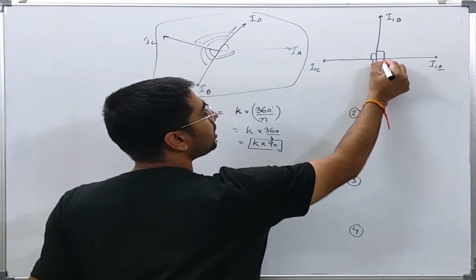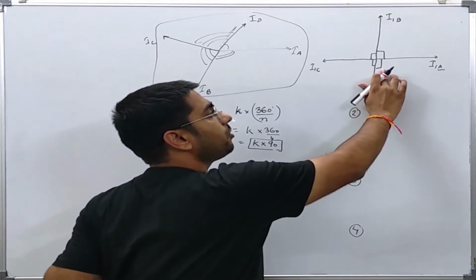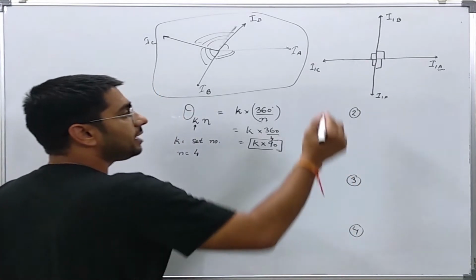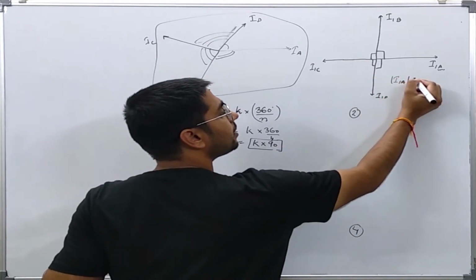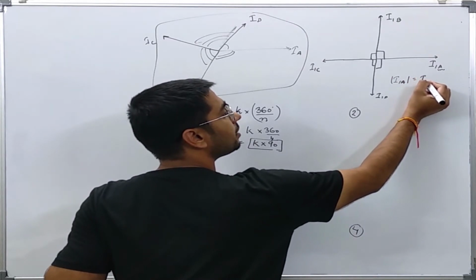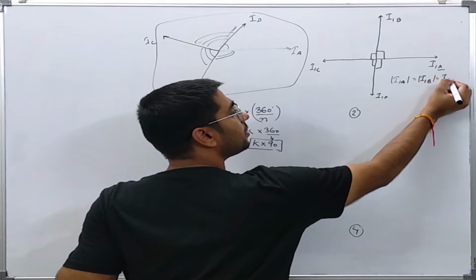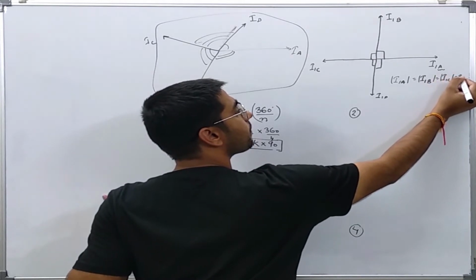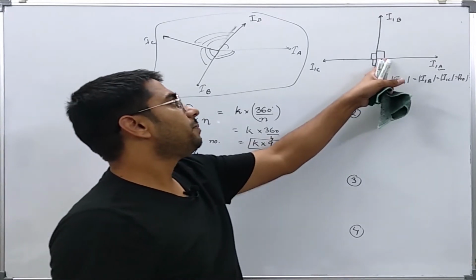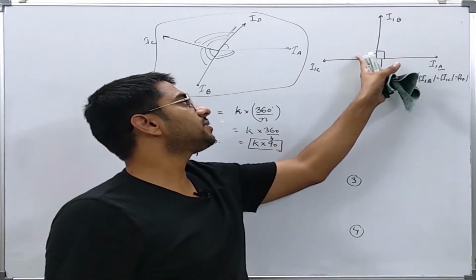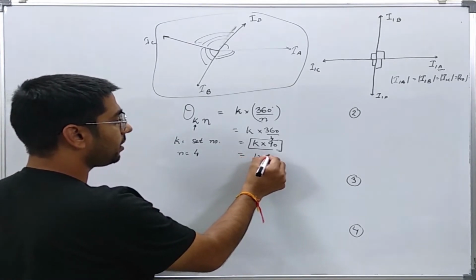Again 90 degree angle, and since it is now 360 degree complete, it will be also 90 degree angle. Now the conditions are that the magnitude of each phasor is equal and the angular difference between the corresponding phasors is 90 degree, which has come out from here.